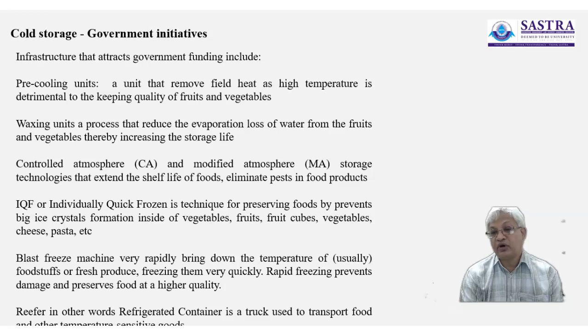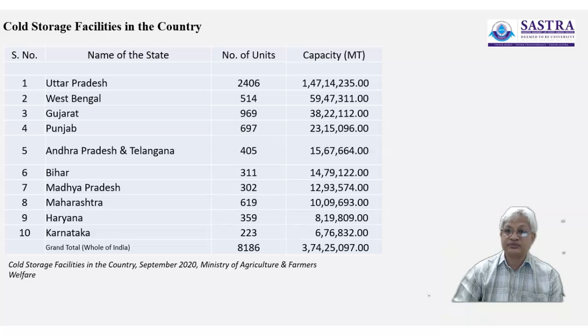So, for any temperature sensitive goods, the buyer in an international market will always inform the supplier beforehand that he wants the shipment in a container, but this should be a reefer. Reefer or refrigerated containers are very expensive compared to a normal 20 feet container. So, this is what all constitutes a cold storage infrastructure under government initiatives.